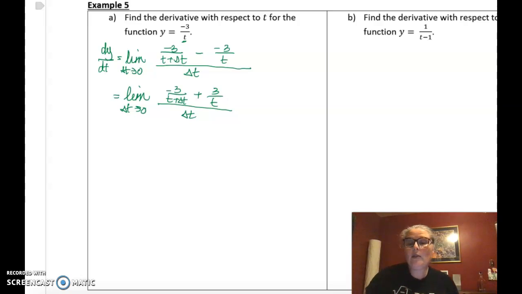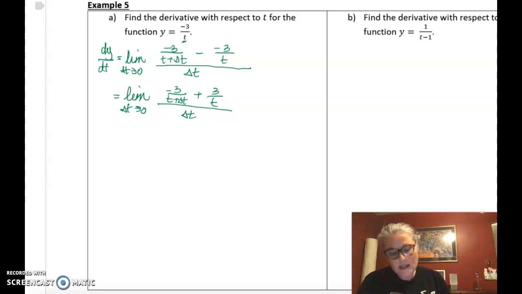Right now, there's a couple of ways you could do this. One way is that you could view the denominator as delta t over 1, and then multiply the numerator by the reciprocal of the denominator, because you have a fraction divided by another fraction, and that means you can multiply by the reciprocal. That is one way to do it.